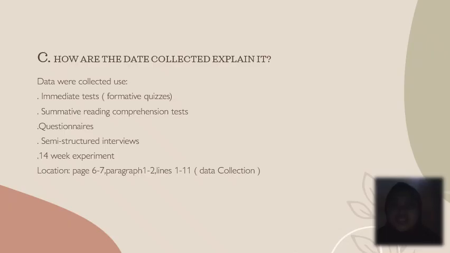So next is about the data collected. The study was conducted over 14 weeks. During the study, the researcher collected data from lessons, quizzes, summative reading tests, questionnaires, and semi-structured interviews.